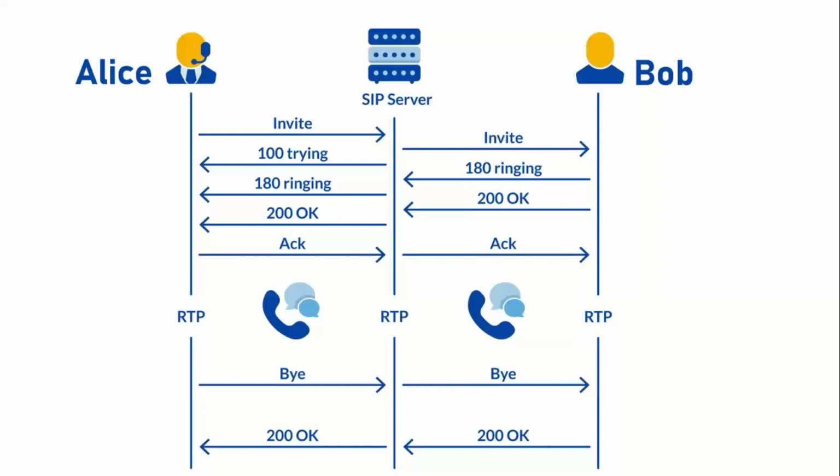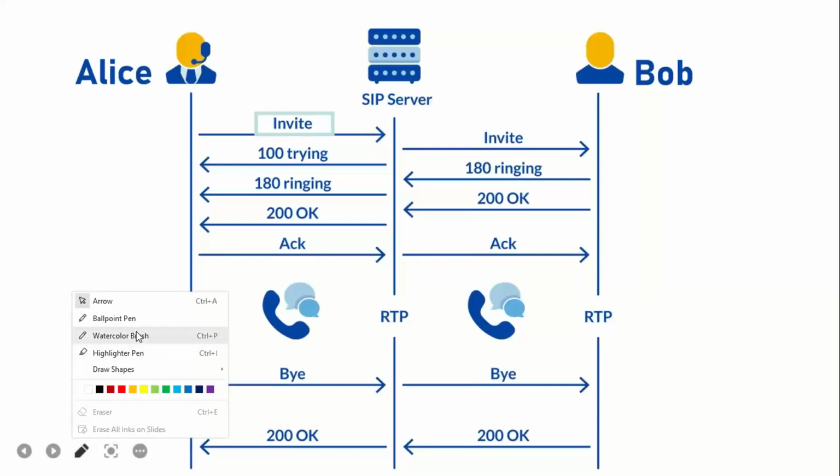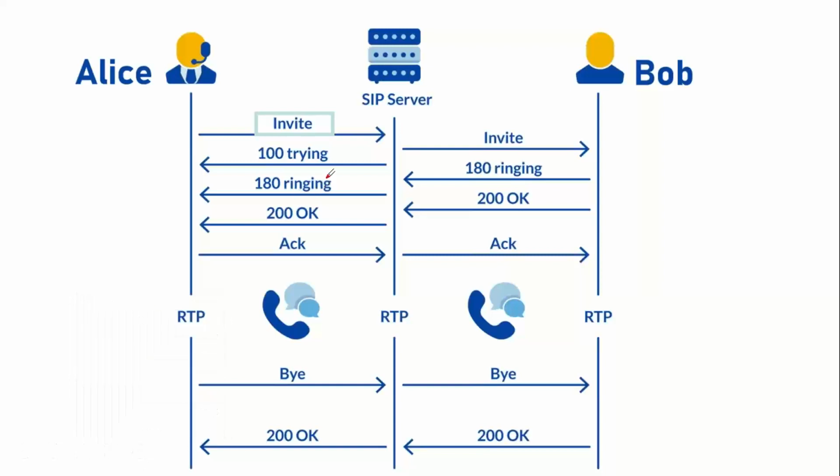First, Alice doesn't know the IP address of Bob, but she knows the IP address of the SIP server, right? So Alice will compose an INVITE request and send it to the proxy. The body of the INVITE request carries an SDP message. Remember SDP.